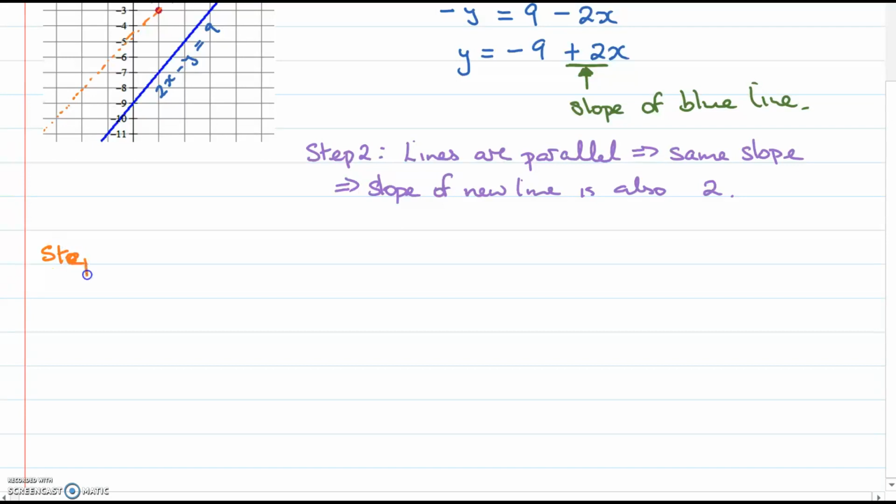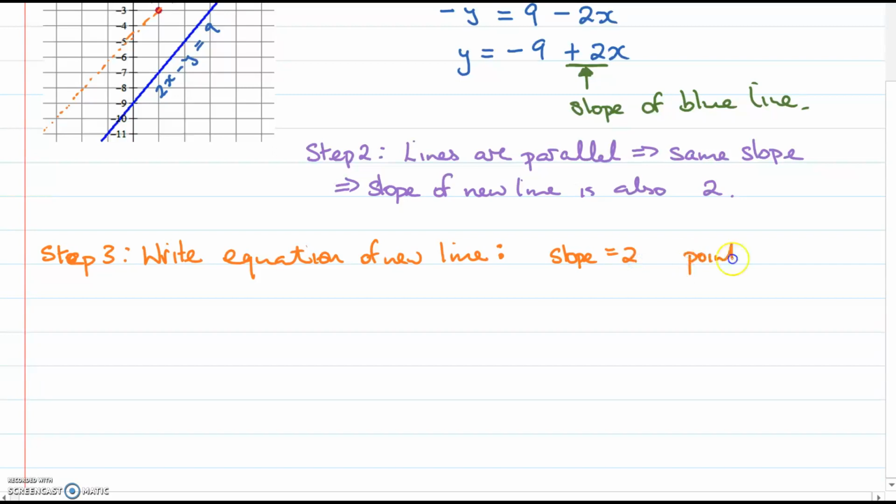step 3 is write the equation of the new line. So what do we know about the new line? Well, we just found out that its slope is 2.